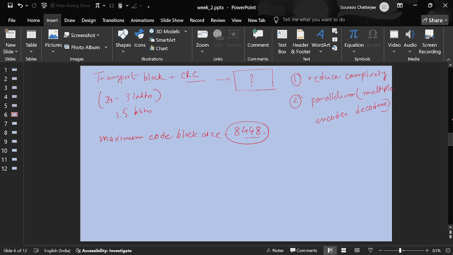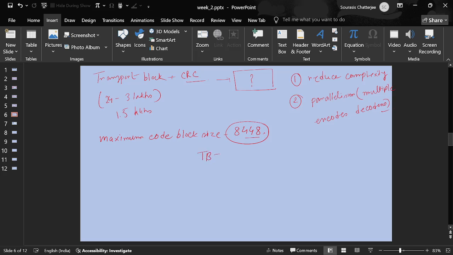Do I need a CRC on top of that? Yes, the CB CRC and TB CRC. Okay, so I need a CRC here also. So the scenario is something like this.